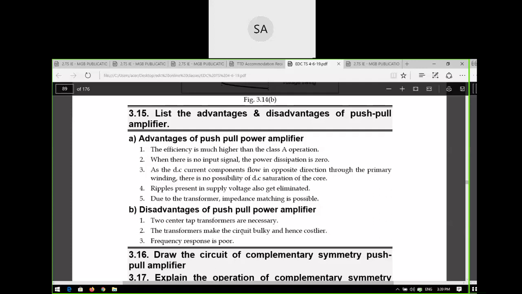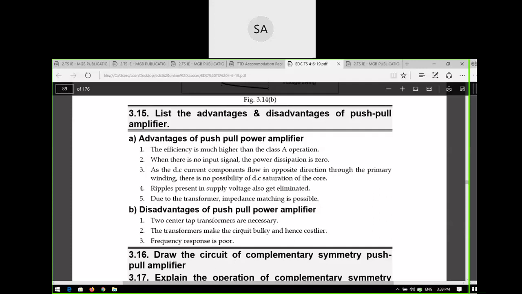As the DC current components flow in opposite directions through the primary winding, there is no possibility of DC saturation of the core. The DC current components flow in opposite directions because the positive-going cycle and negative-going cycle cancel each other. So the transformer will not burn or get damaged by saturation, because the transformer works only with AC.